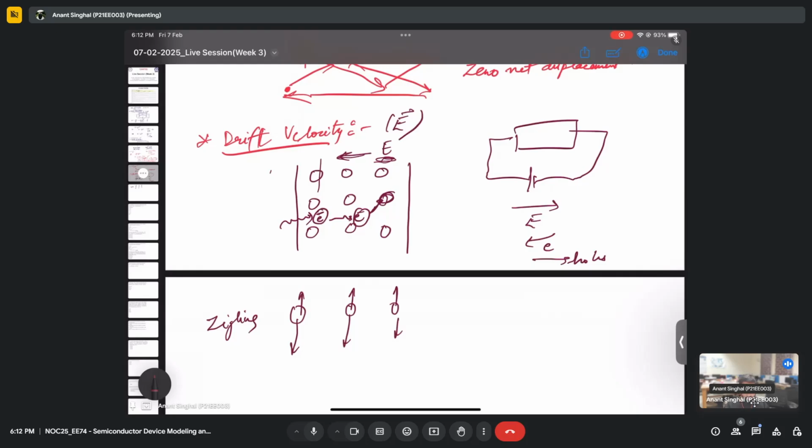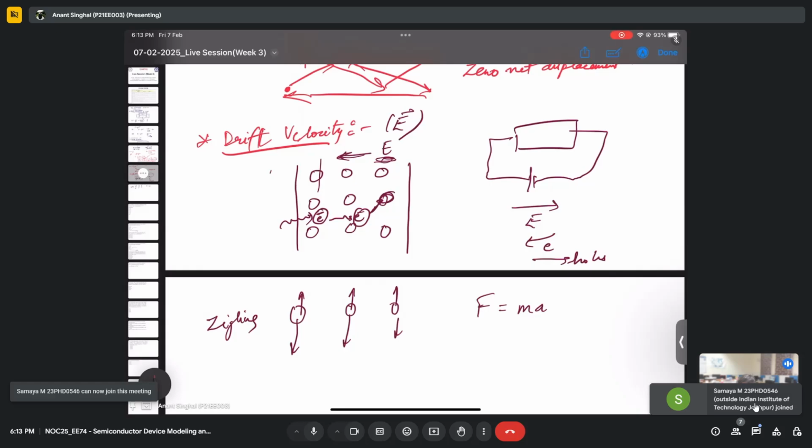As soon as we apply an electric field, this electron will experience a force, right? And that force will be F equals m, if I talk in very basic terms, let's say Newton's second law. So if we have an electron in vacuum and we apply a certain electric field, there will be some force, right?